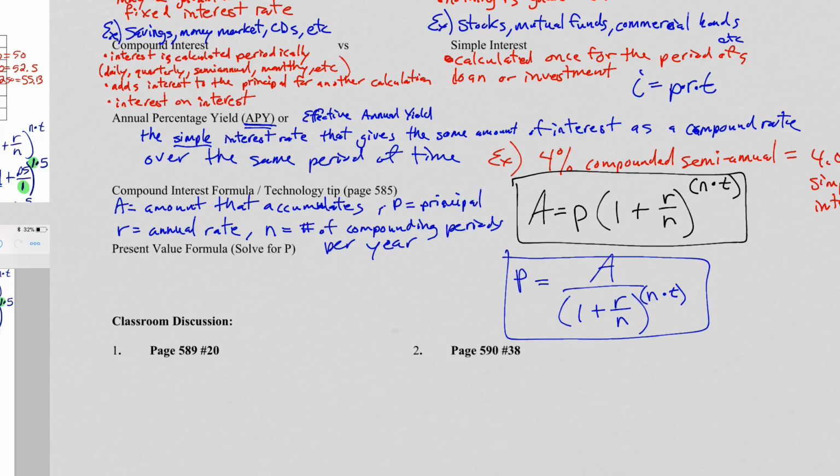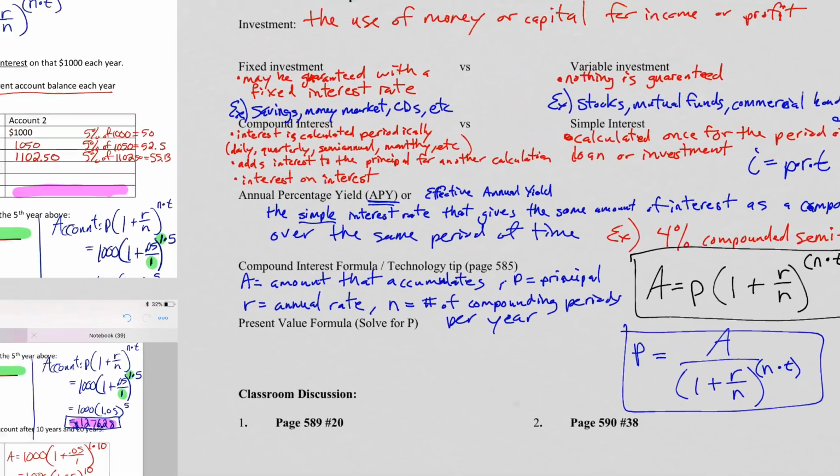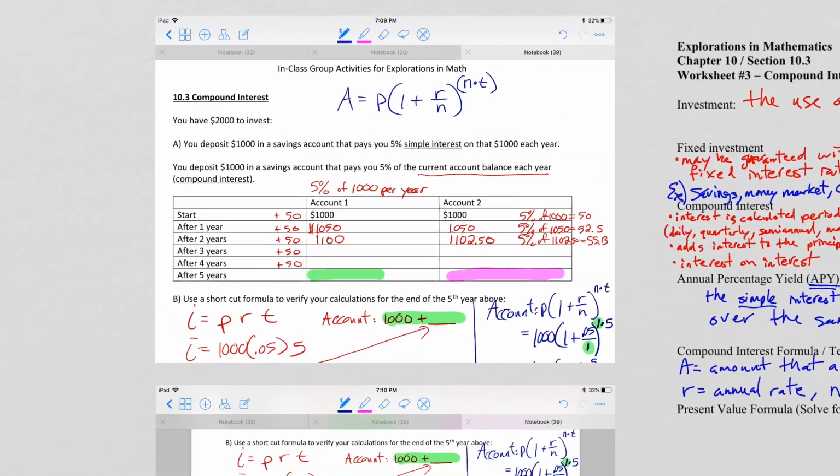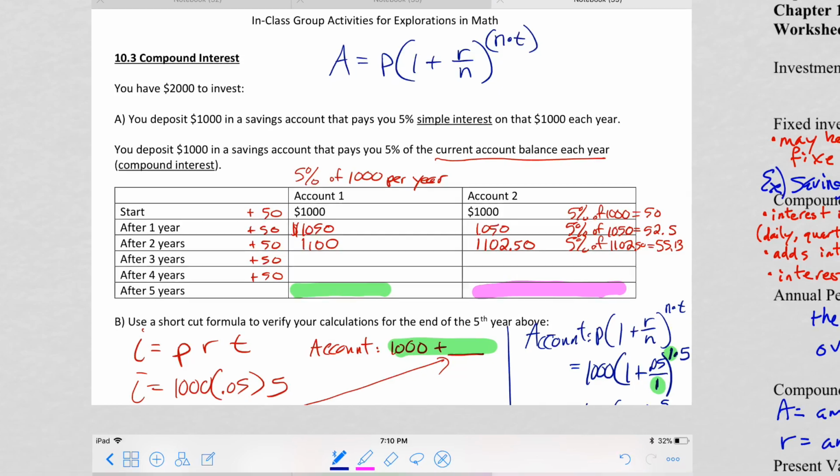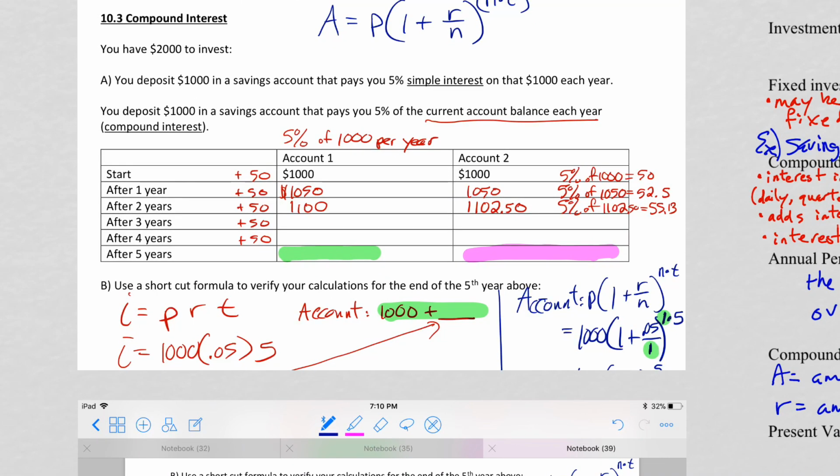Okay, so before we discuss numbers 20 and 38 in the text, I want to continue the discussion from class. So this is what we were discussing in class: the difference between simple and compound interest.